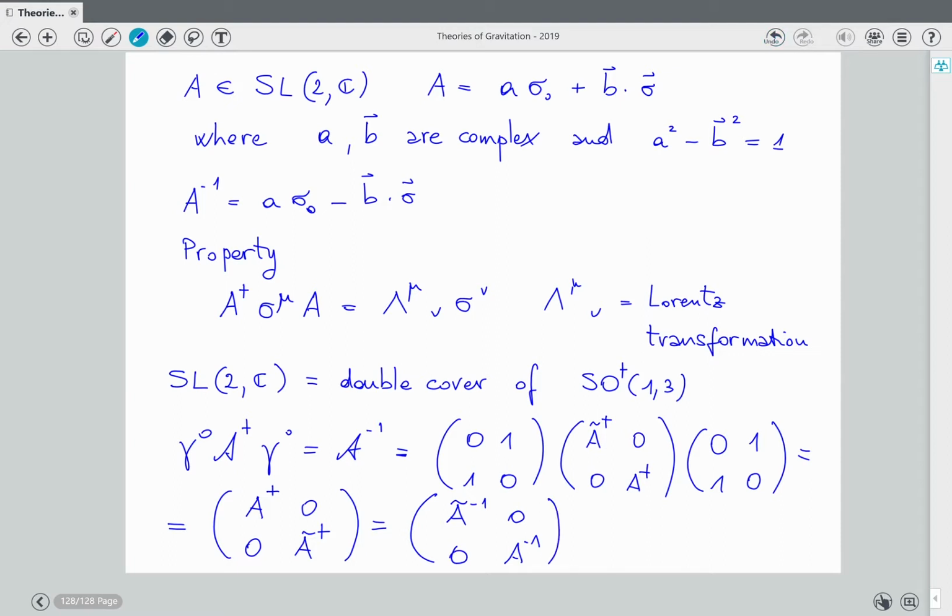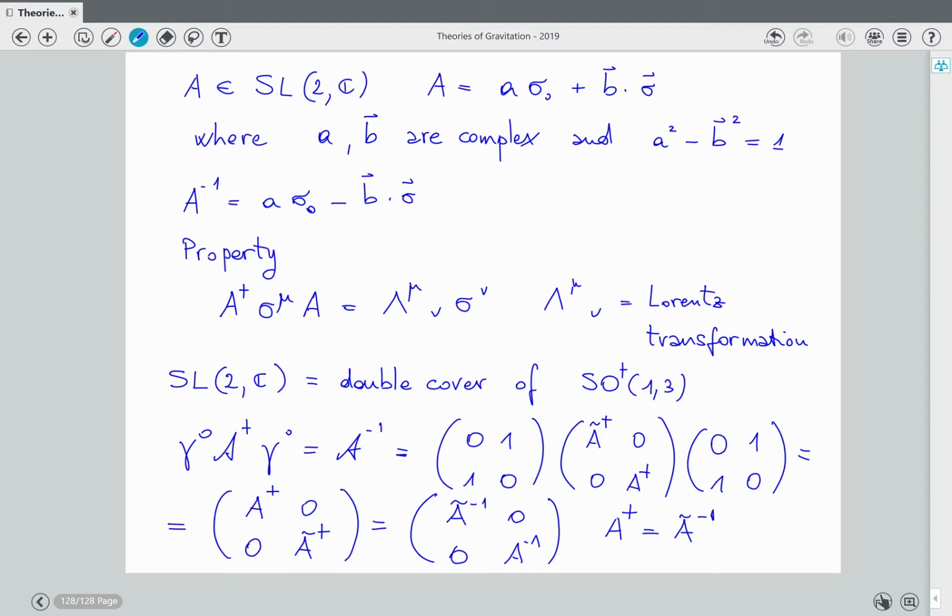So from this you derive two properties that are the same, because A dagger equals A tilde to the minus 1, and from the other one A tilde dagger is equal to A to the minus 1, which is a consequence of that.